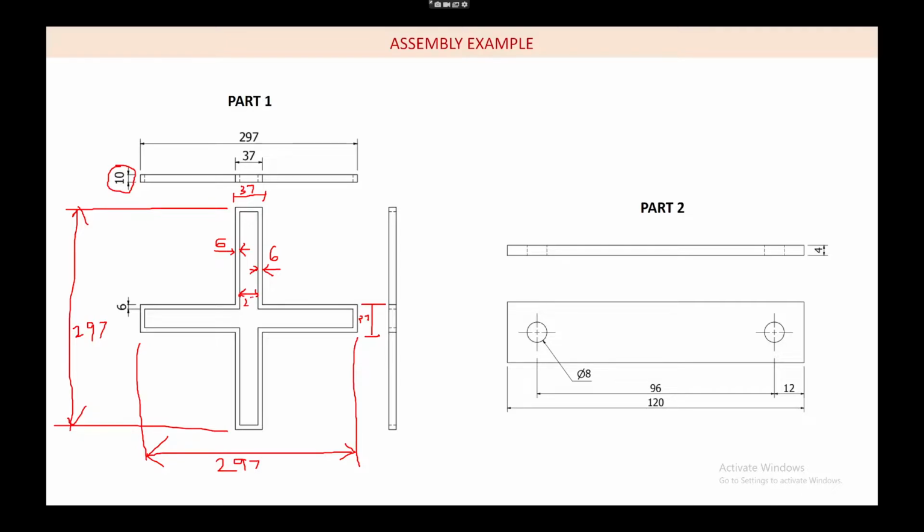25. Which means 37 minus 6 will be 31, and 31 minus 6 will be 25. So inside this will also be 25. If I make this also 6 mm, and here also 6 mm, then if I subtract 12 from 297, I am left with this to this.